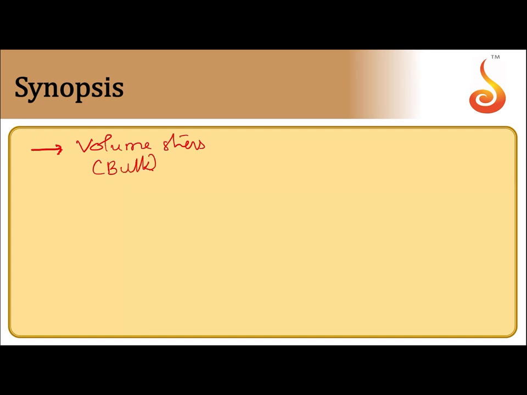Here an object is under the influence of a force which tends to compress a given object or expand it. For example, let us take a cube. Here is a cube on which I apply an external force. For example, you can take this cube inside a liquid.